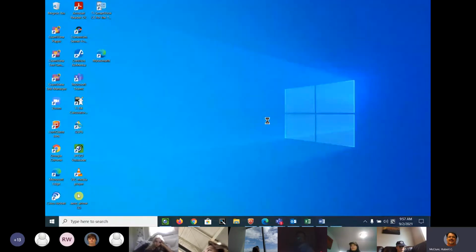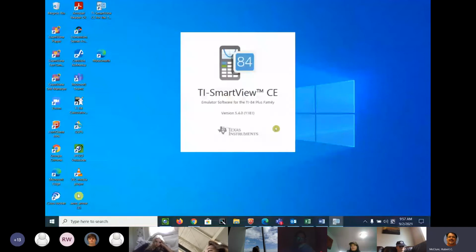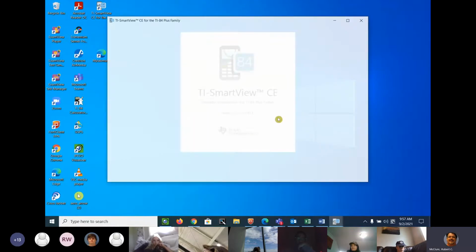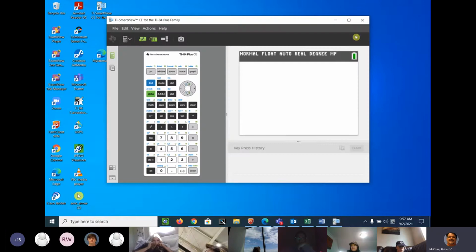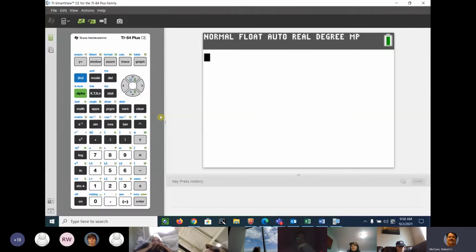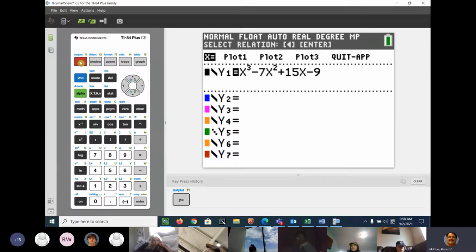It'll take a second for mine to pull up, because it actually has to go to the TI website or server or whatever. So hold on, let it pull up. I usually have it pulled up before, but sometimes I accidentally exit out of it, and that's what I did in the last class. So here we go. Y equals, clear. Well, I'll use that x cubed.